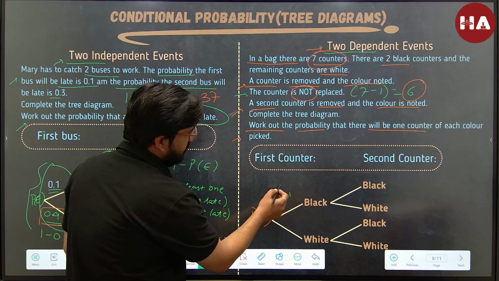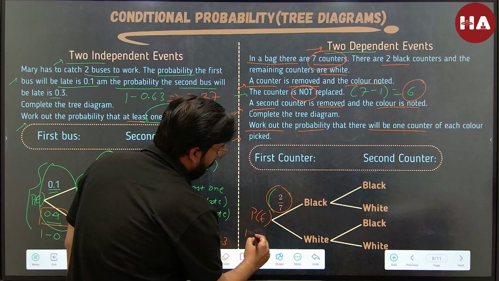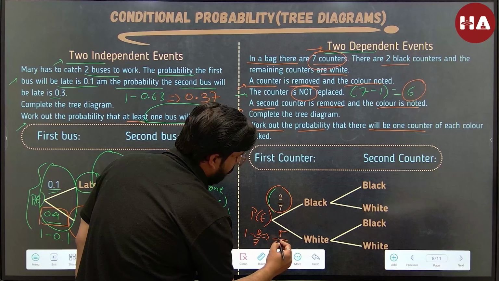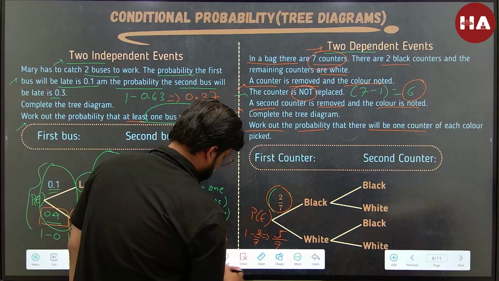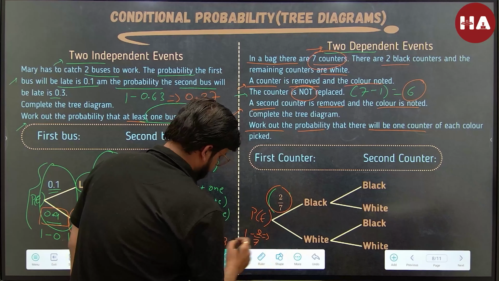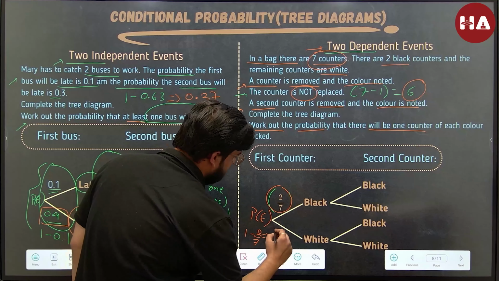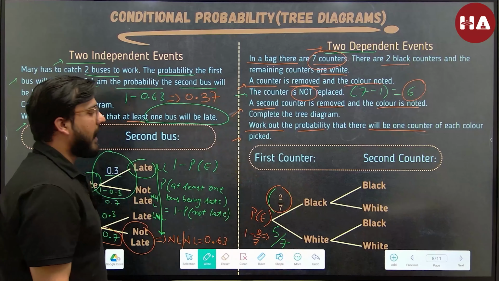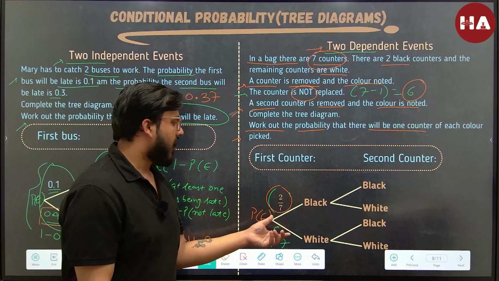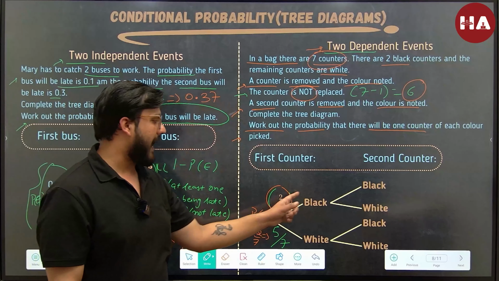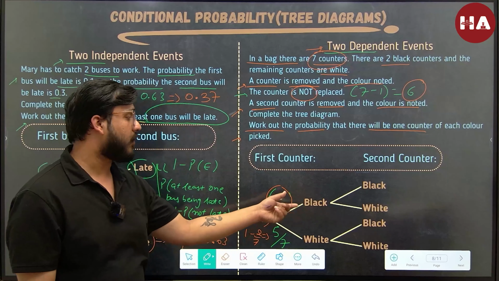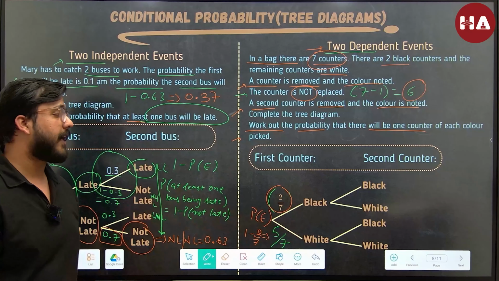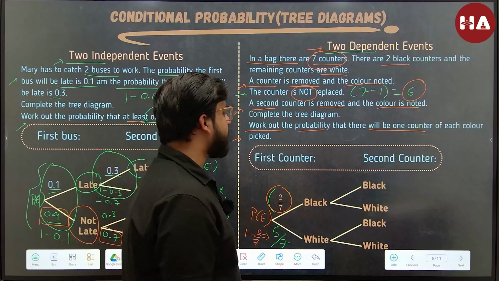So this is 2 over 7, so this will be 1 minus 2 over 7, which is evaluated as 5 over 7. Now we have got the probability of the first draw. The probability of getting a black counter is 2 over 7 and the probability of a white counter is 5 over 7. Now let's move to the second branch.